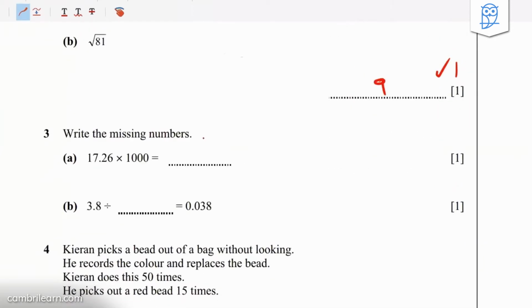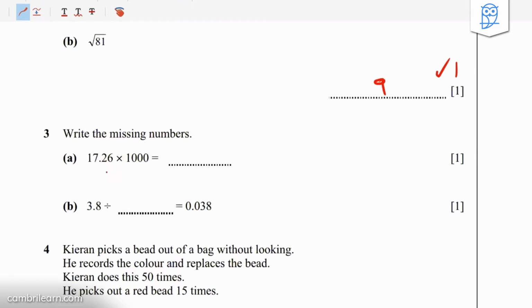Next one, write the missing numbers. 17.26 times 1,000. Now we have to be careful. What do we do when we multiply by something with a few zeros? If we multiply, we are basically going to shift the decimal point to the right.